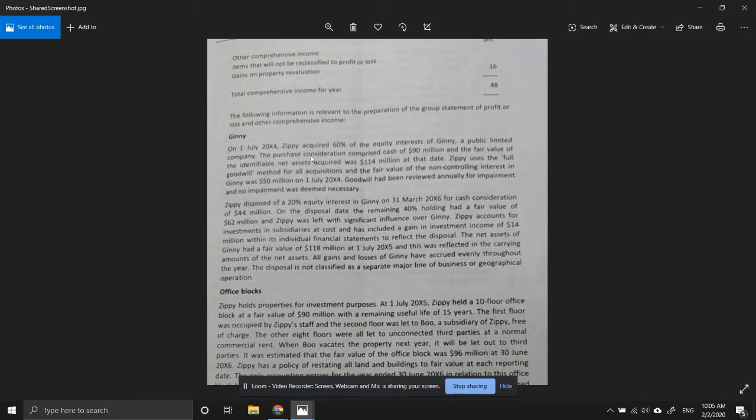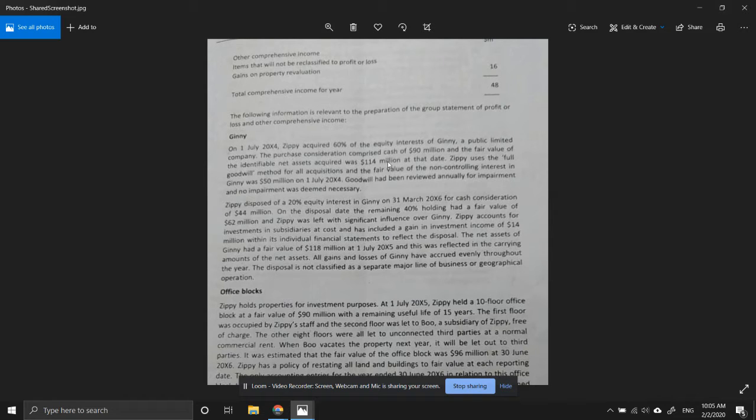On 1st July 20x4, so how many years ago is that? 30 June 20x6 is our reporting date, so it was purchased 2 years ago. GP acquired 60% of the equity interest of Genie, a public limited company.